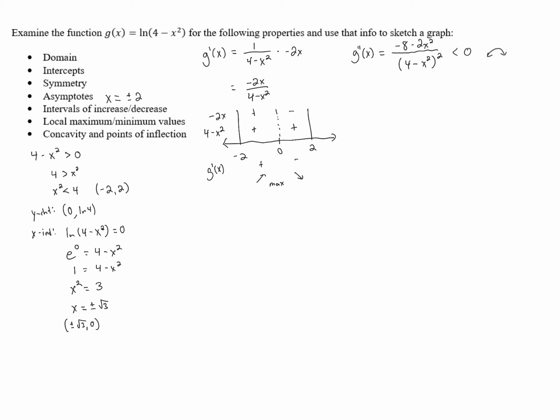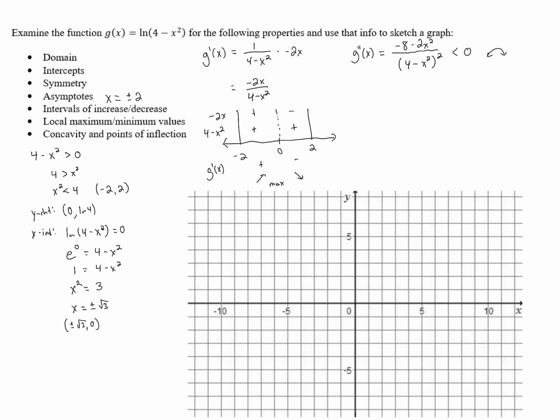And now we've got enough information that we can start sketching this graph. We know that we have a y-intercept of 0, ln of 4, which is about 1.39. So it's going to be a little bit less than 1.5. And we know that we have our x-intercepts at plus or minus root 3.